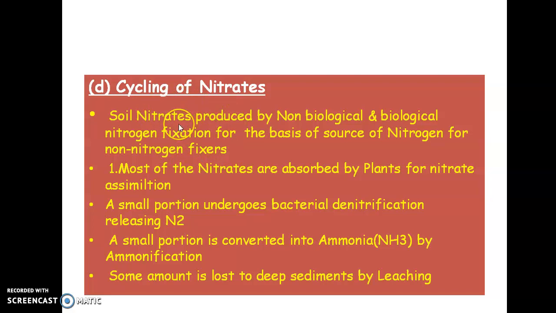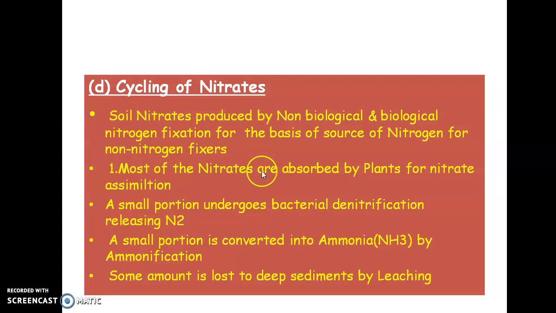The nitrogen fixing bacteria first fix the nitrogen and convert it into ammonia, then ammonia is converted into nitrate compounds. These nitrate compounds are generally absorbed by those non-nitrogen fixers.